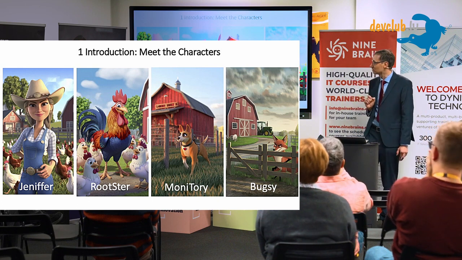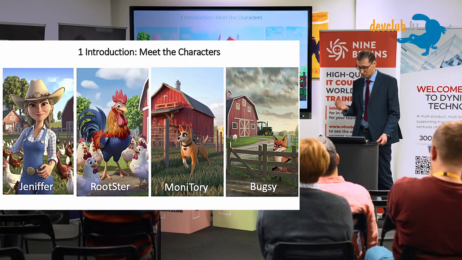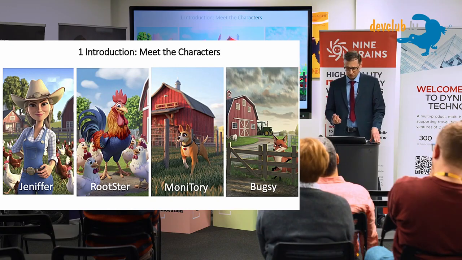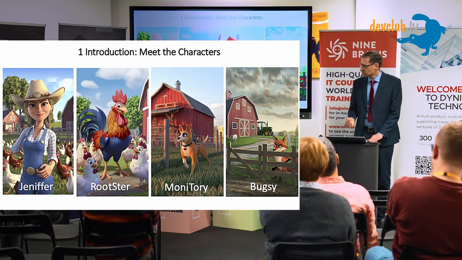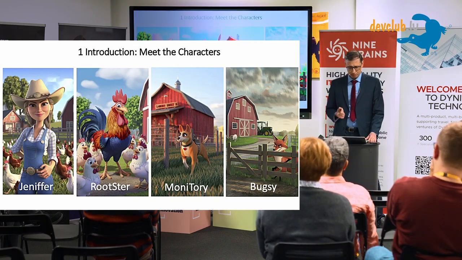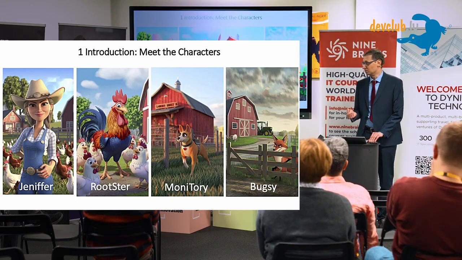Let me introduce the main characters of the story. Jennifer represents the person responsible for some service or project. The rooster and chickens represent software, an application, service, or system.